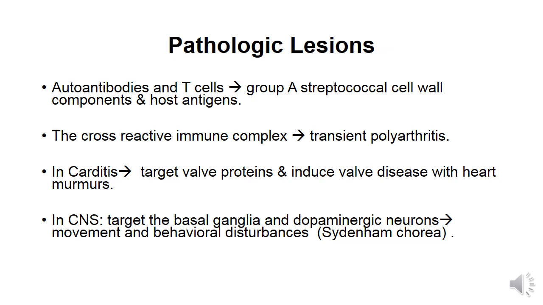That cross-reactive immune complex, when it happens in the joints, results in transient polyarthritis.